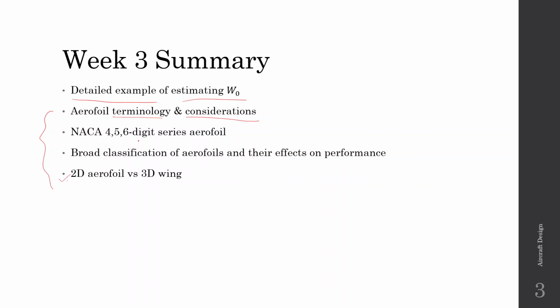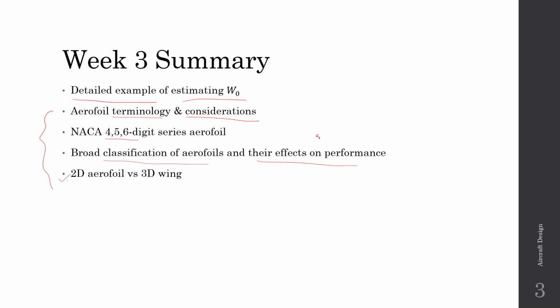And then he has discussed the NACA 4, 5 and 6 digit series, and then there was a broad classification of aerofoils based on their thickness and their effects on stall performance.